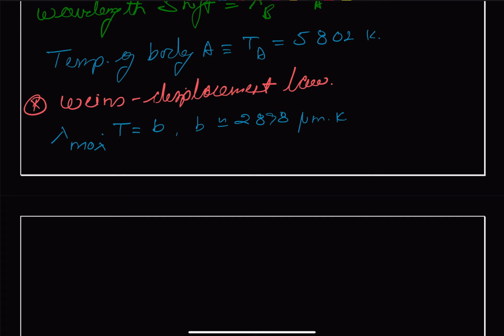So we can apply this formula to both bodies, A as well as B. Therefore for body A, lambda A is equal to 2898 divided by the temperature, which is 5802. So this comes to approximately 0.5 micrometer.